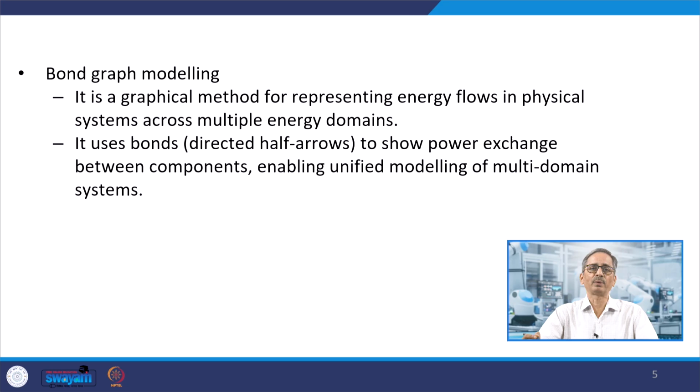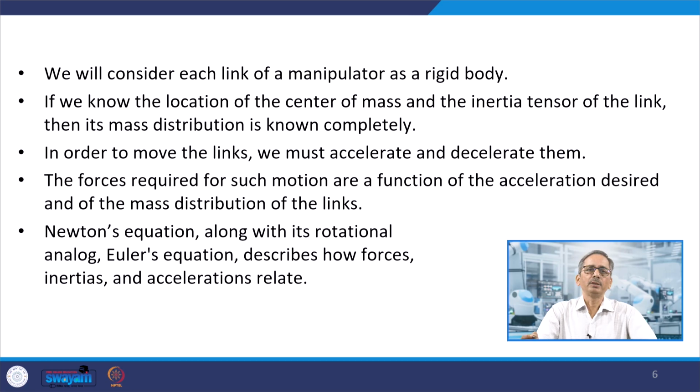The advantage of the bond graph model is that your differential equations are first order, and you can write the state space equation from the bond graph model, and then you can implement the control or any other aspect, say model reduction if you want to do. All those things you can do. You can check the controllability aspect of the system.